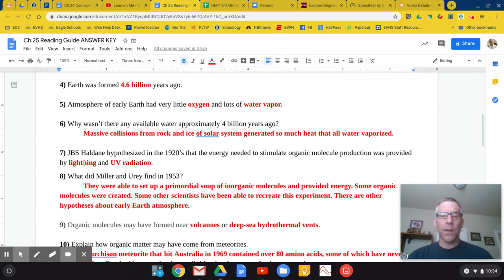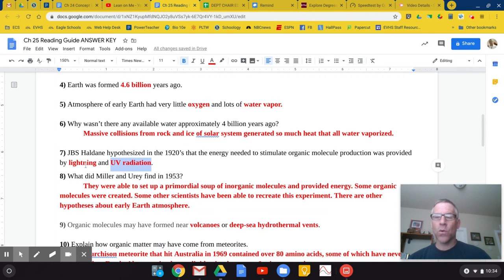Well, lots of lightning storms and loads of UV radiation. Early Earth, due to lack of oxygen, really didn't have an ozone layer. So there wasn't that protection of ozone to shield us from the sun's UV radiation that we get nowadays. Back then, the Earth was really just getting hammered with UV radiation. And so his hypothesis was that was an energy source along with these lightning storms.